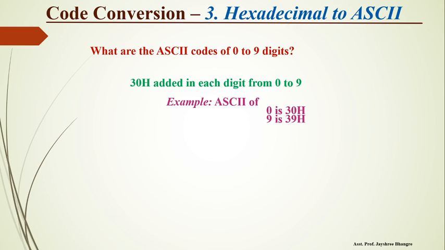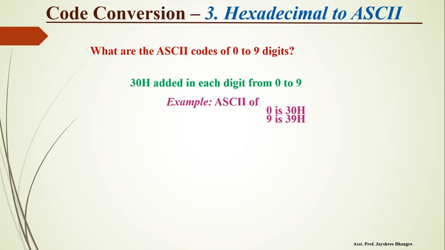Now the third conversion is hexadecimal to ASCII. The ASCII codes of the digits 0 to 9 are nothing but the addition of 30H to each digit from 0 to 9. So the ASCII of 0 is 30H, that means 0 plus 30.